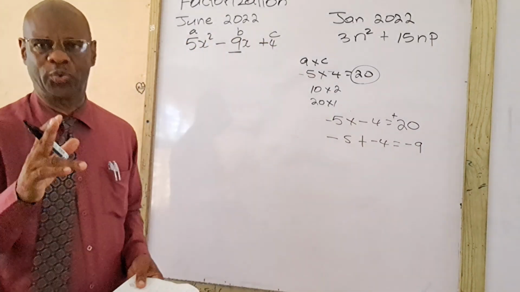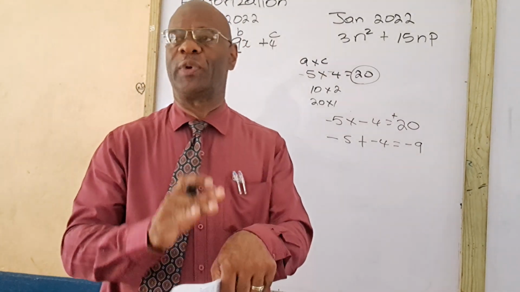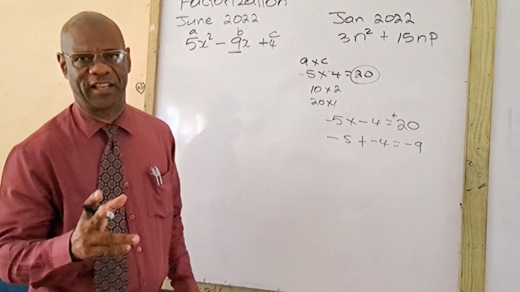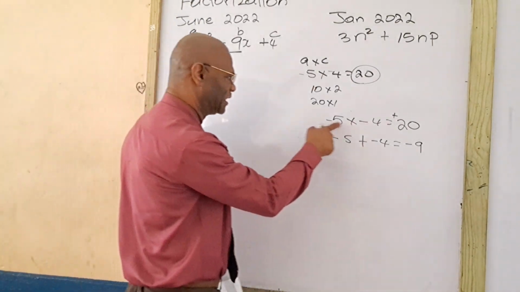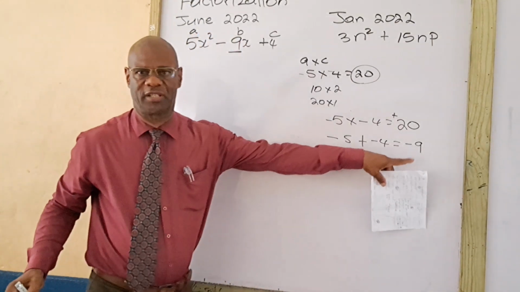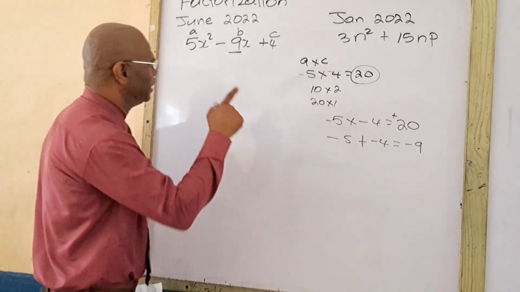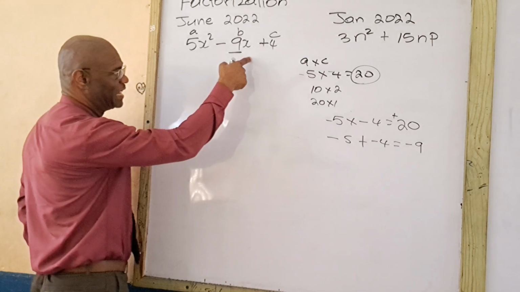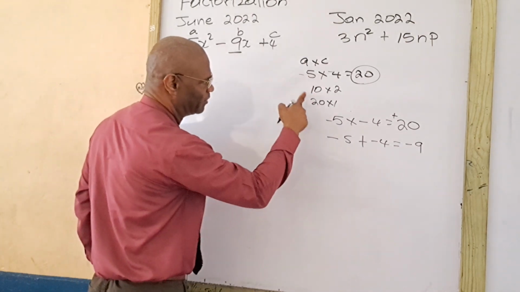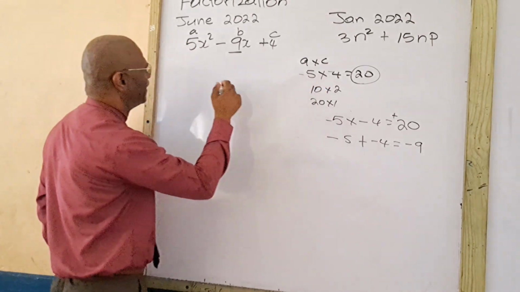Right? So when we are adding two numbers whose signs are the same, we add the numbers and keep the sign that they both have. Right? And we know that a negative number times a negative number gives us a positive result. Good? So we are now going to replace this negative 9x here with negative 4x and negative 5x.